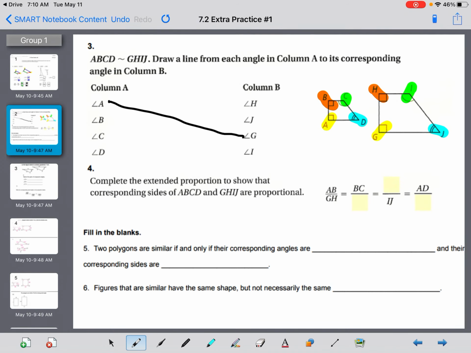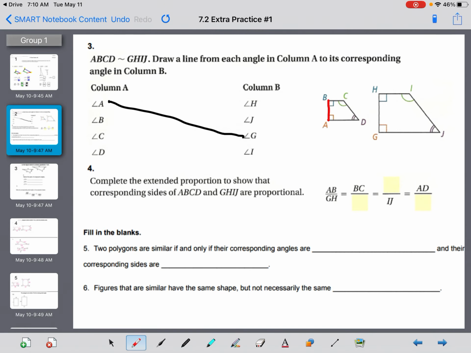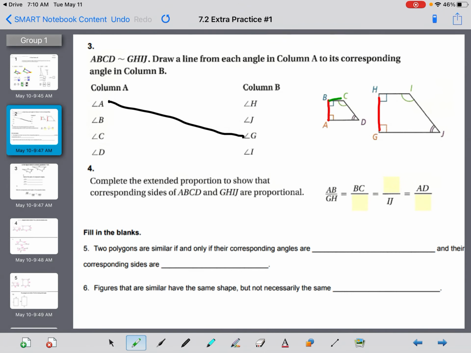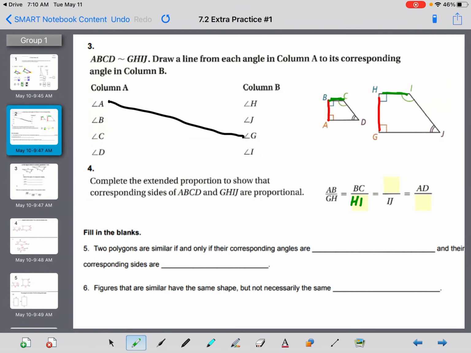Complete the extended proportion to show that the corresponding sides of ABCD and GHIJ are proportional. Well, let me erase this, and we'll match up. Let's see. AB goes with GH, which is what they wrote right here. Okay, BC goes with HI. Okay, and you work your way around the figure to fill out the rest of that table.